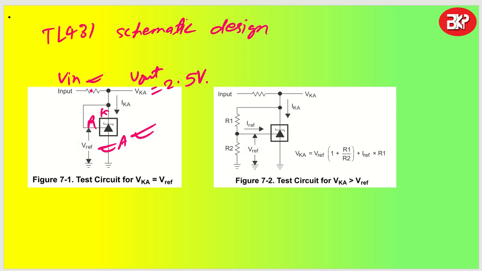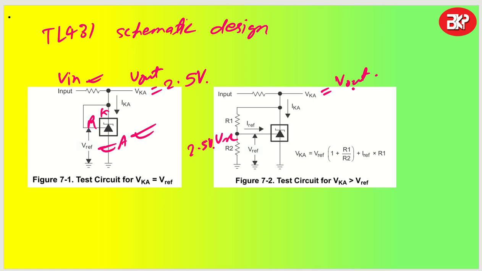Now let us say you want to design a separate output voltage, which is going to be my VK, that is nothing but your V output. Let us say it has to be 15 volt or 20 volt or 12 volt. You have to design your Vx, which is going to be 2.5 volts, using your R1 and R2, and this will determine my VKA. Using this you are going to design your VKA value, that is your output value.